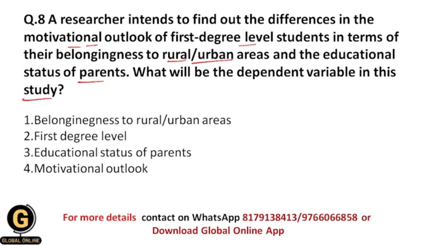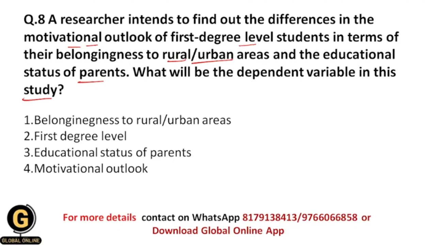Here the researcher wants to study the motivational outlook of first degree level students, and that's why motivational outlook should be the dependent variable, because the variable under study, the effect variable, is motivational outlook, and the independent variables are belongingness to rural or urban areas and educational status of their parents.